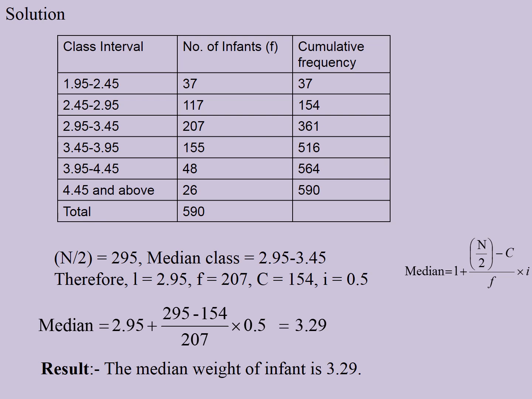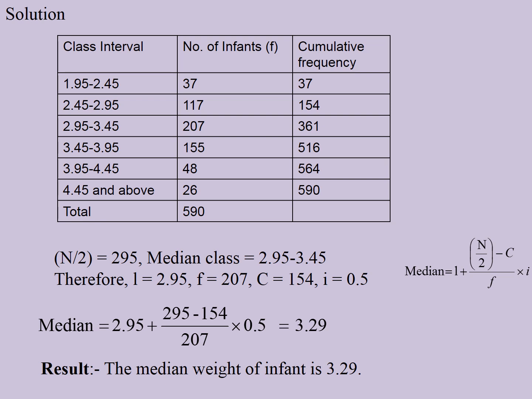C stands for the cumulative frequency of the class previous to the selected median class, that is 2.45 to 2.95, and the cumulative frequency for that is 154, and I stands for the class interval, that is 3.45 minus 2.95, which comes to 0.5.